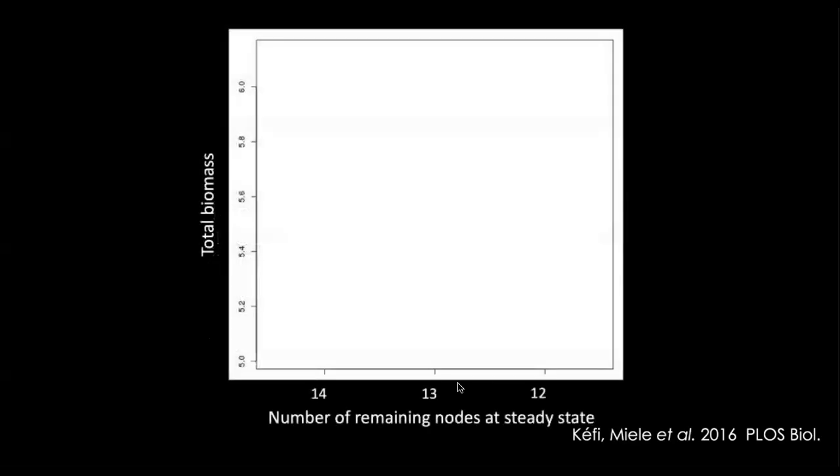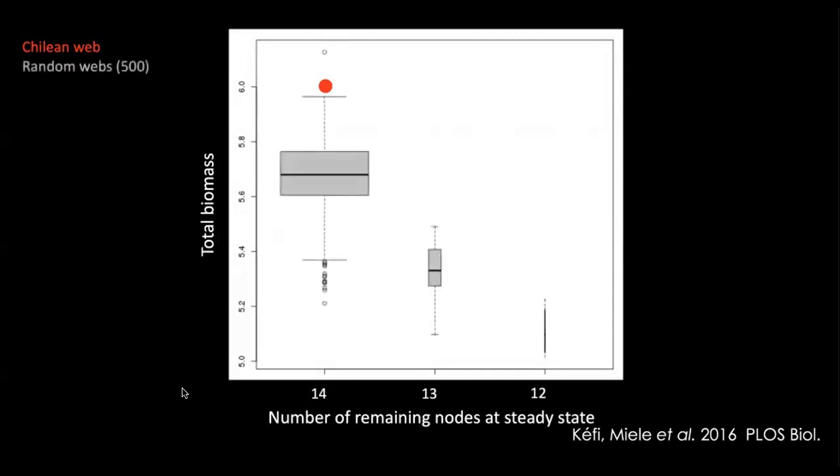So here, what you see is that for the Chilean web, when we keep the structure of the Chilean web constant, you find that a large amount of biomass and all 14 clusters survive. But in the 500 random webs, we tend to have slightly lower biomass and lower persistence, since a few of the nodes go extinct.